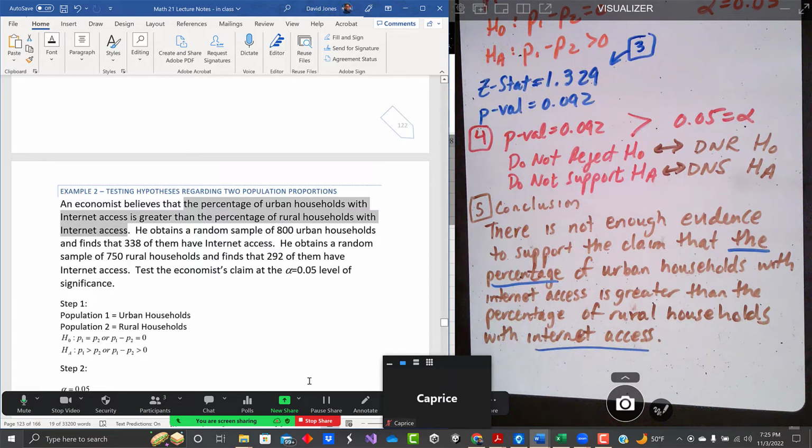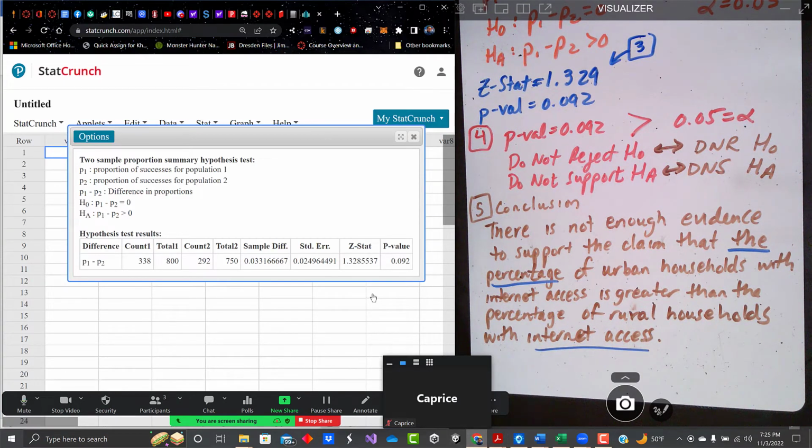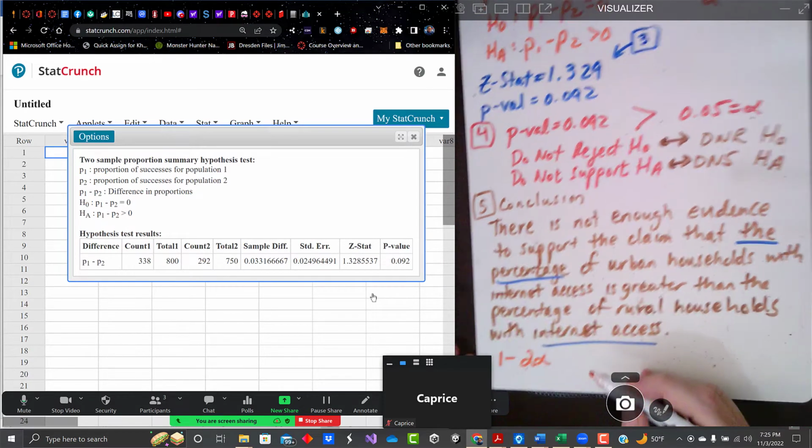Maybe seeing how it connects to the confidence interval might help to lock it in a little bit better. So let me bring that back up. This is a one-sided test. So on a one-sided test, we can do 1 minus 2 alpha. And alpha is 0.05.